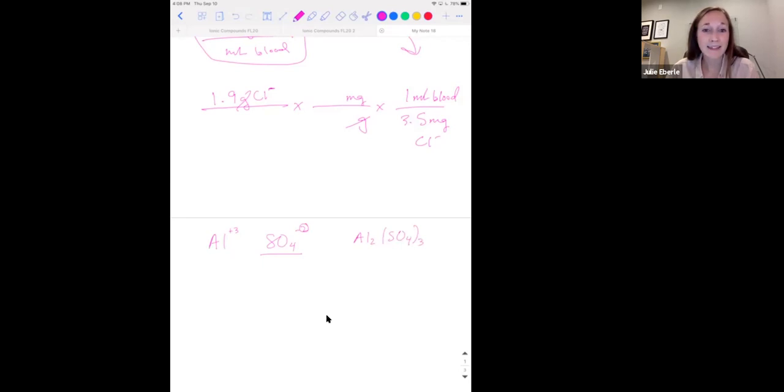Now you got to go find the acetate ion. That should be on your polyatomic chart. Acetate or acetic acid is what's in vinegar.